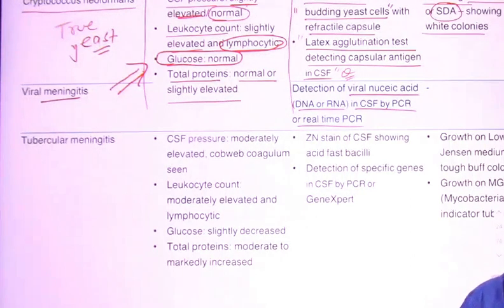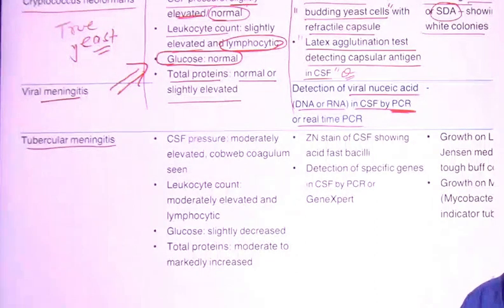You are seeing that for COVID, the investigation of choice is RT-PCR for SARS coronavirus 2, and in viral infections RT-PCR has a very good role to play. Here also it can be detected by real-time PCR or by a simple PCR.